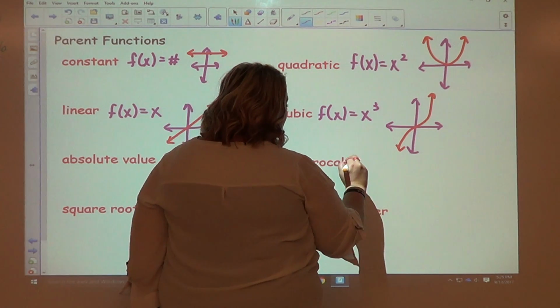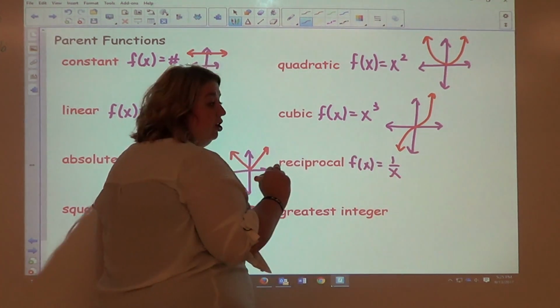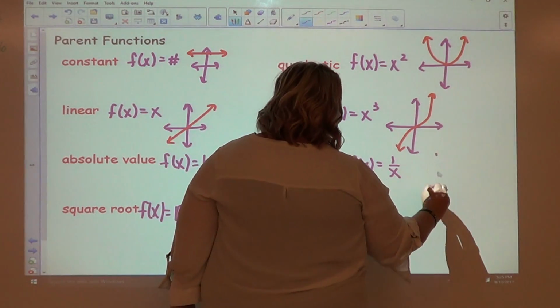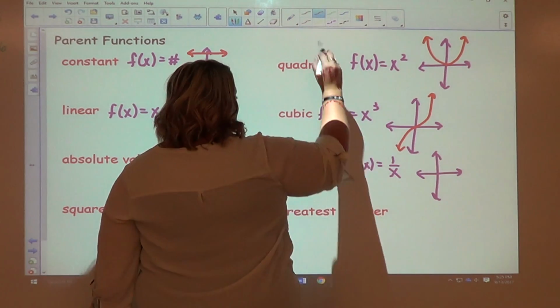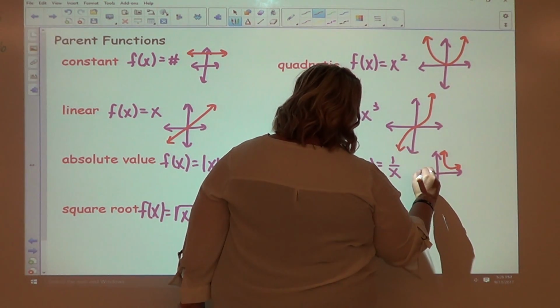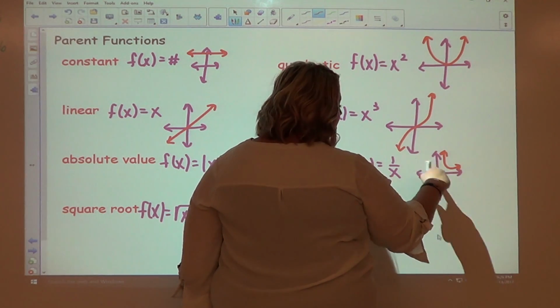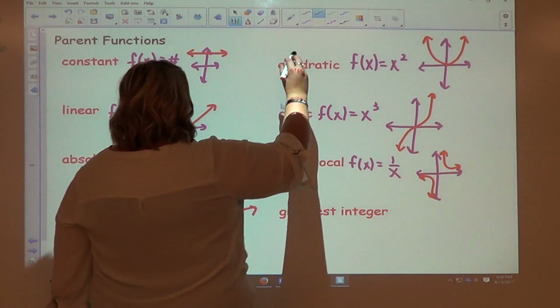Okay, reciprocal we have not done much with this year. We did it in Algebra 2. This is when you graph and you have two parts because you have asymptotes. And this is what a normal one looks like. But you can have graphs beside each other or the diagonals, but this is the parent function, so the most basic.